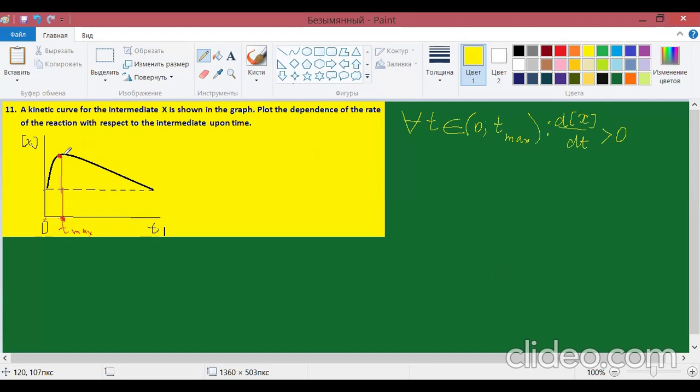Now, from this point onwards, the concentration of x goes down, right? It falls.